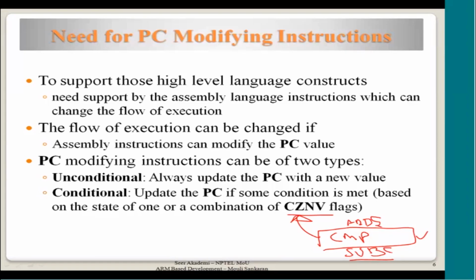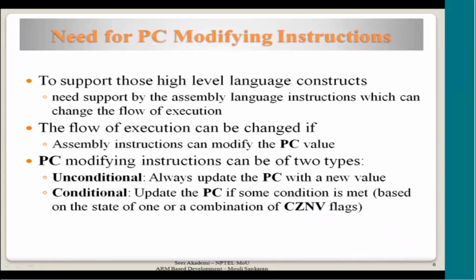If you recall, these instructions by default do not impact these flags, so the compiler has to take care. If it is going to look at these flags based on this instruction, it should put the S there so that this instruction affects the flags, and then based on these flags it will take a branch to some other location. So this is called a conditional branch.